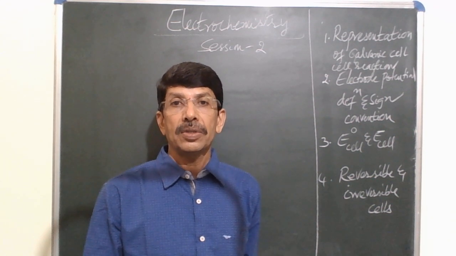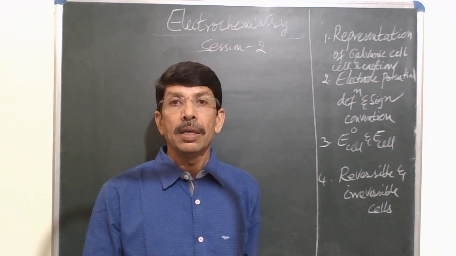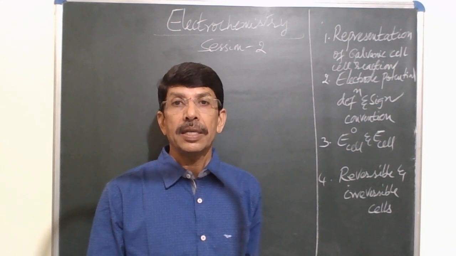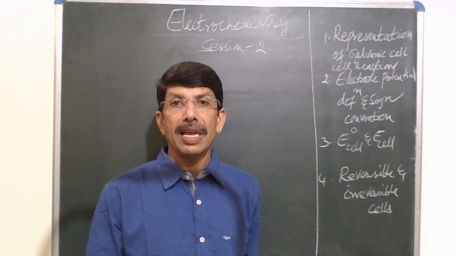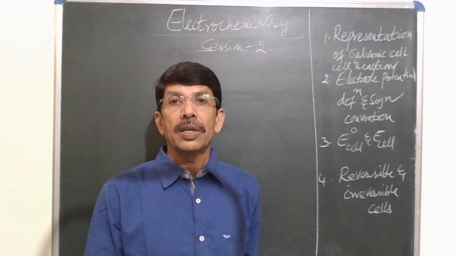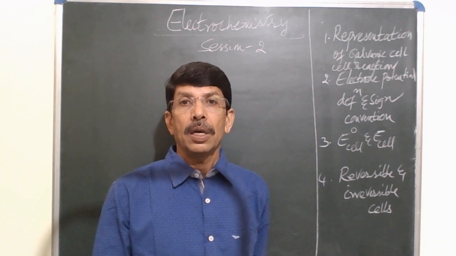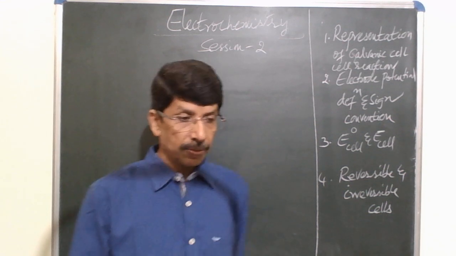In both cases, it is a redox reaction. The only difference is, in an electrolytic cell, the redox reaction is non-spontaneous, and in the galvanic cell, the redox reaction that occurs is spontaneous.